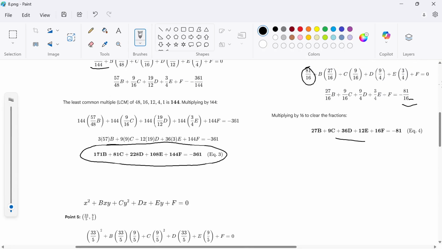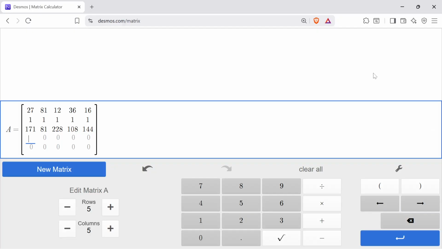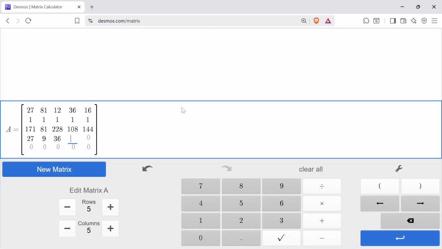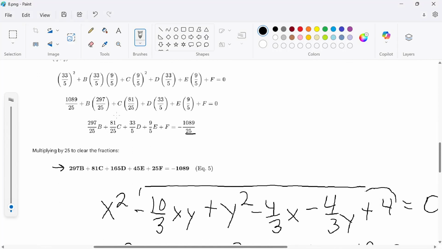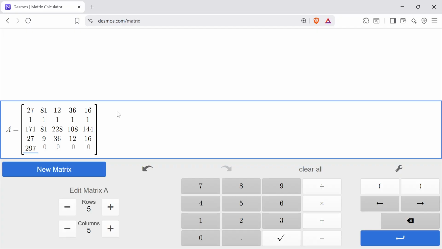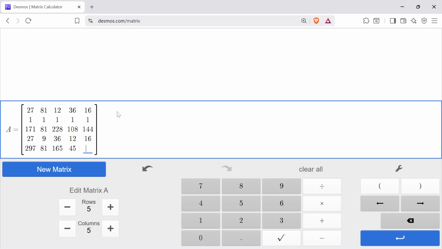The fourth is 27, 9, 36, 12, 16, and then the fifth one is 297, 81, 165, 45, 25.